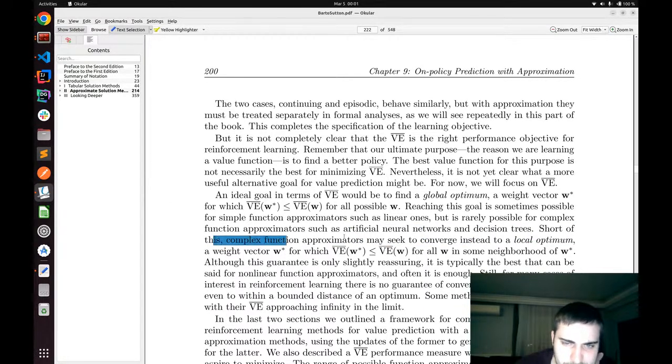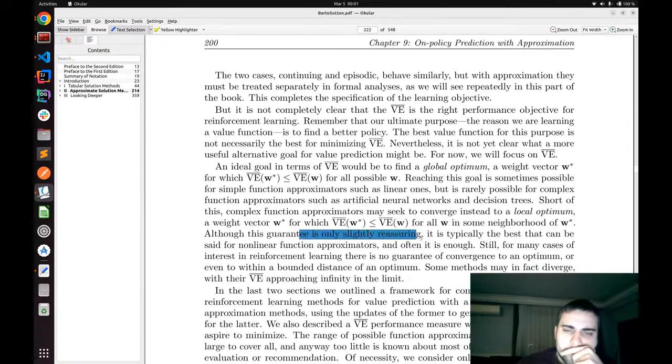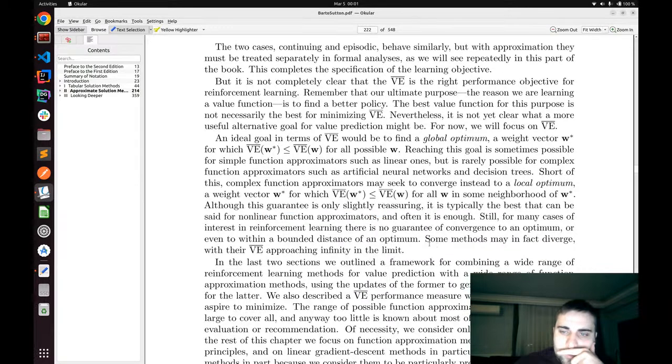Short of this, complex function approximators may seek to converge instead to a local optimum, a weight vector w star for which VE of w star is less than or equal to VE of w for all w in some neighborhood of w star. Although this guarantee is only slightly reassuring, it is typically the best that can be said for nonlinear function approximators, and often it is enough.